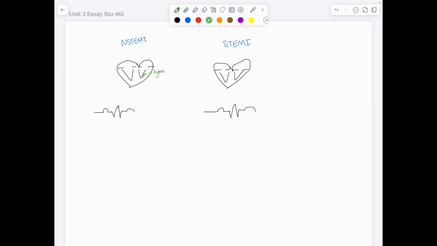If you notice, it doesn't go all the way to the end of the heart membrane. And so if something happens to that, our EKG is going to think of it as a current of injury, and it's going to create a new baseline, which is going to be elevated from a normal EKG.